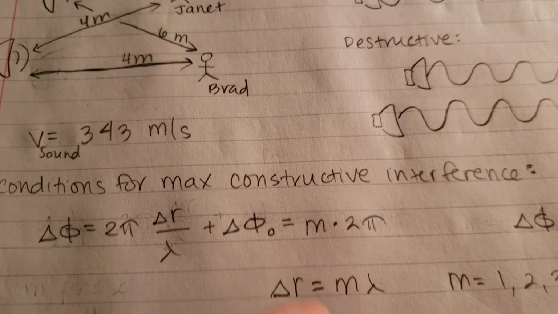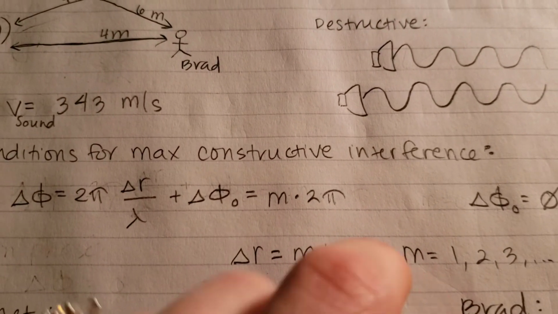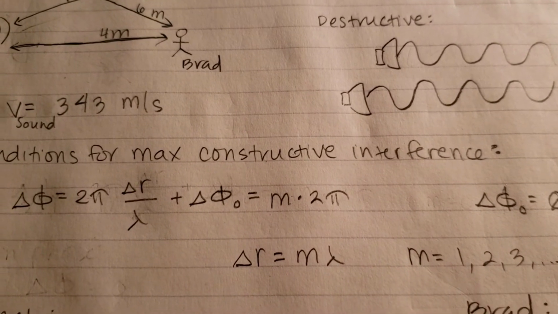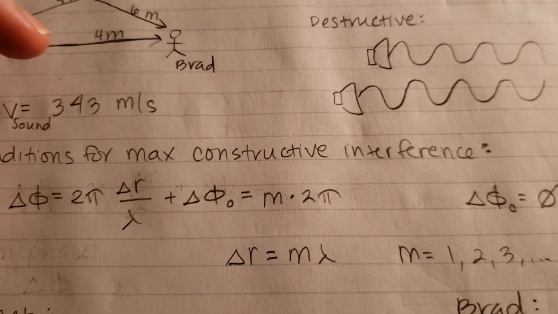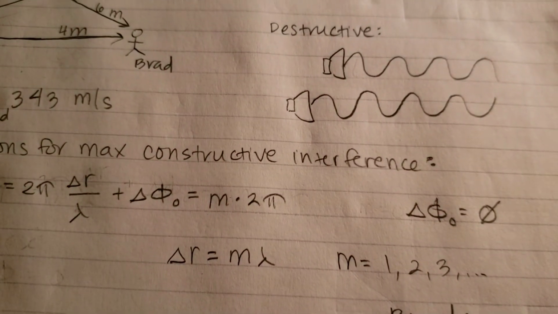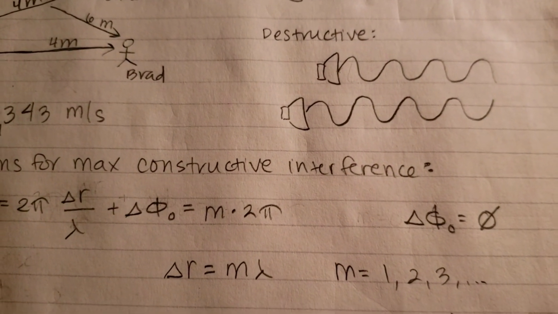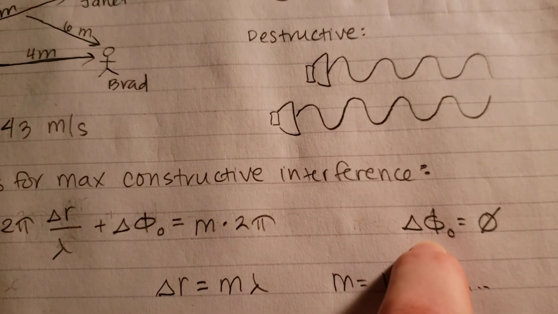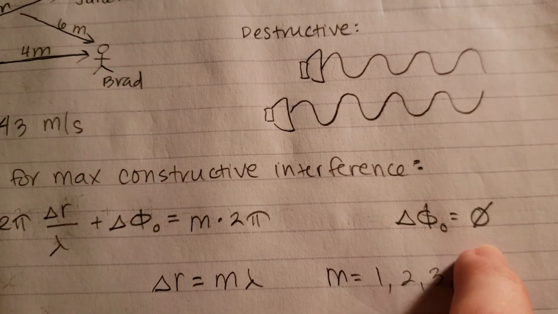That's a lot. Here m is 0, 1, 2, 3, and so on. Since our speakers are in phase, the phase difference for the speakers is equal to 0.